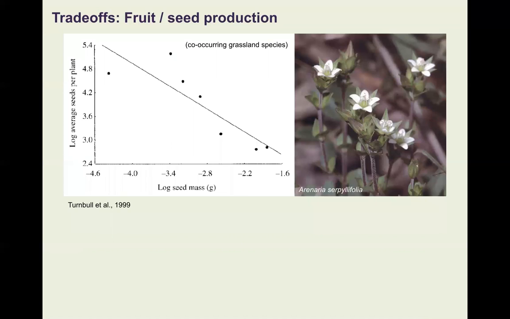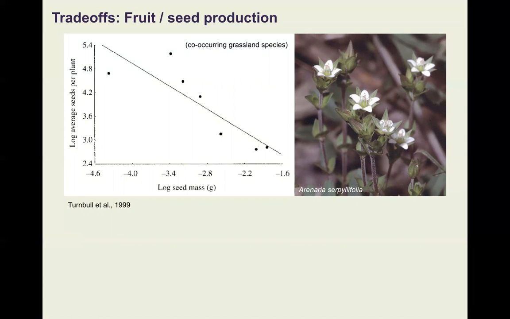This is something I like, I talk about trade-offs, and this is just a study that illustrates it pretty nicely. The size of the seeds and number of seeds per plant. So again, pretty clearly illustrating that plants in an area have basically similar abilities to get energy. And so what they do with that energy comes down to their strategy.